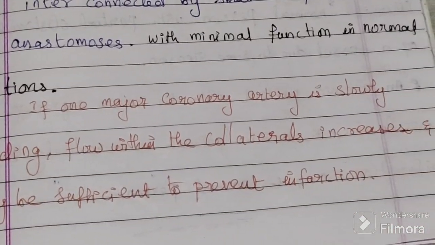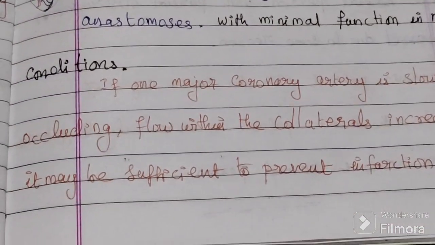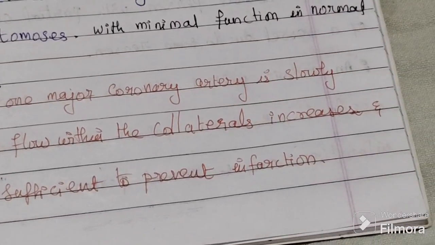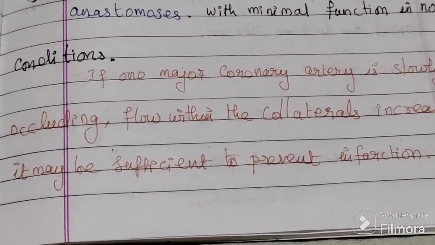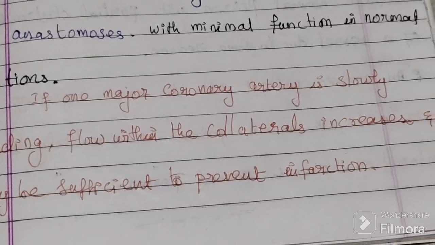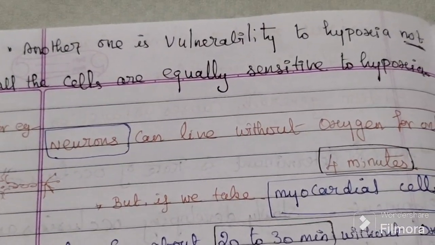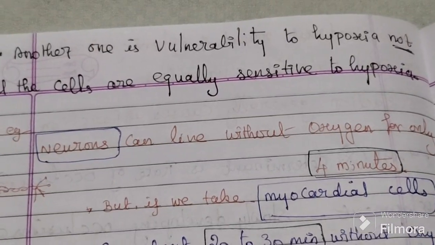If one major coronary artery is slowly occluding, flow within the collaterals increases and it may be sufficient to prevent infarction.